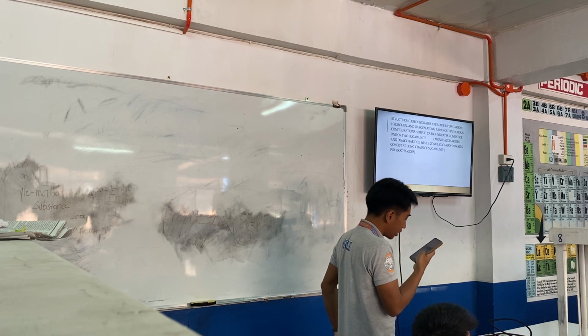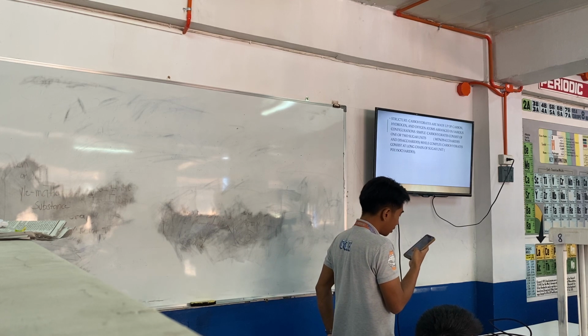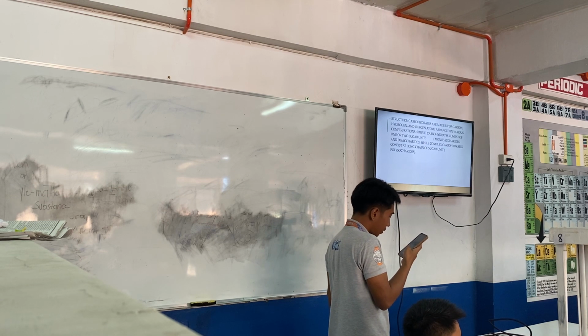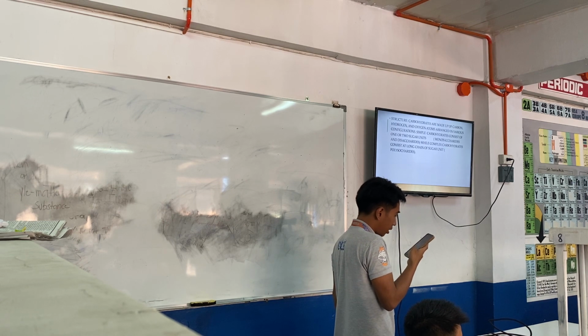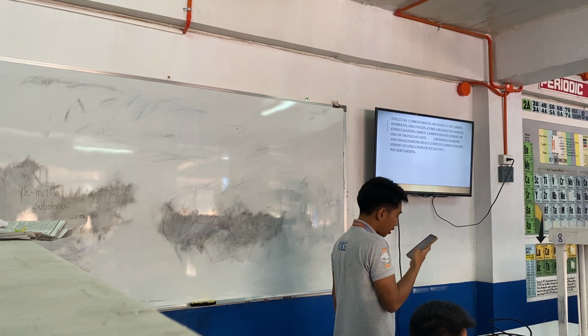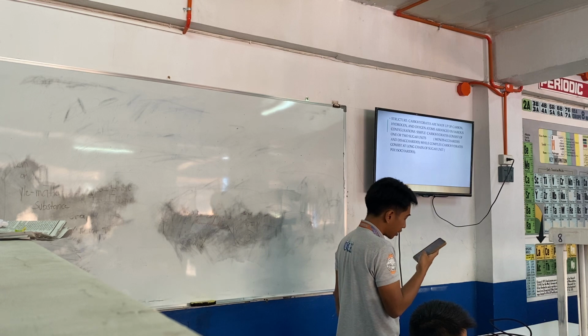Oligosaccharides are carbohydrates composed of 3 to 10 monosaccharide units linked together. They can serve as energy sources, cell surface markers, and play roles in cell recognition. Polysaccharides are complex carbohydrates composed of long chains of monosaccharide units.